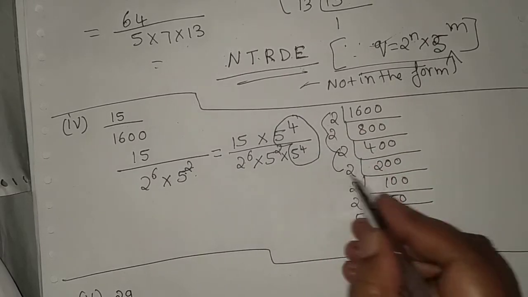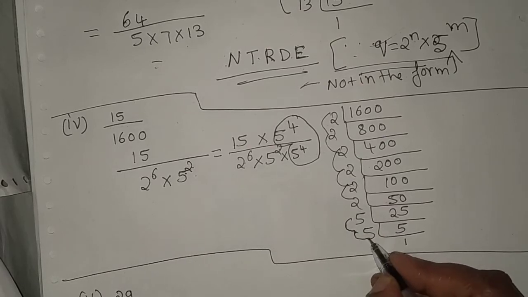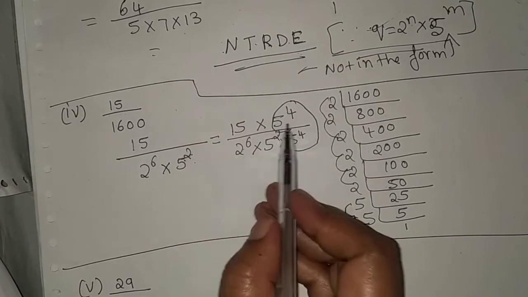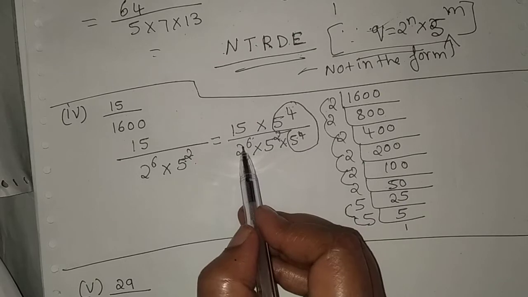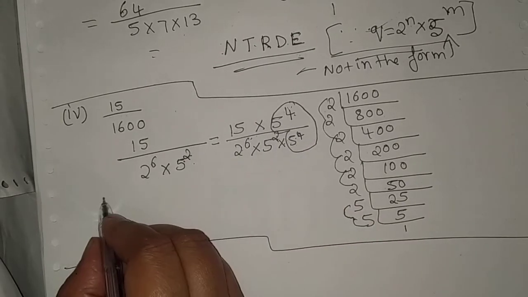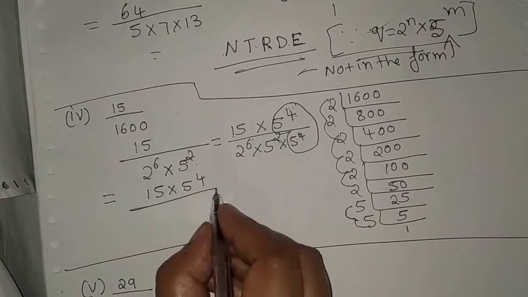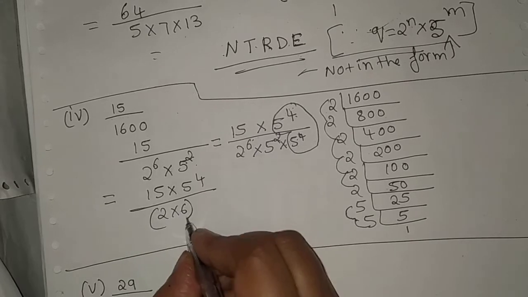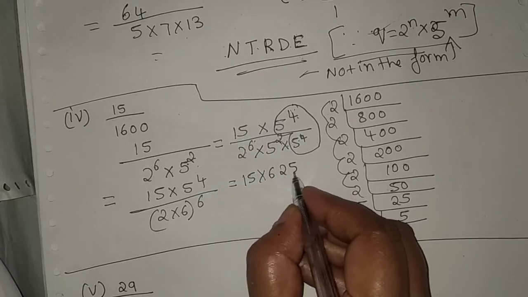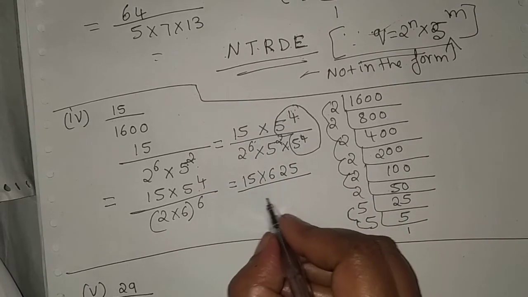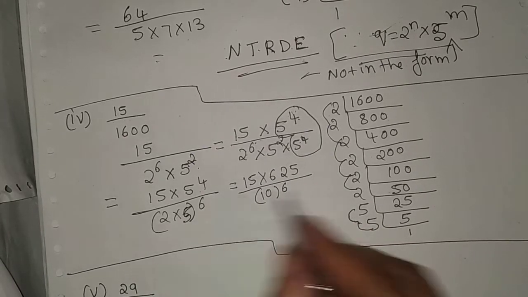These two should be common here. So we have to add on both sides, because the square is also there, and we have to make it 6 since 2 power 6 is there. So finally we write 15 into 5 power 4 by 2 power 6 into 5 power 6, which is 15 into 625 by 2 into 5, that is 10 power 6.